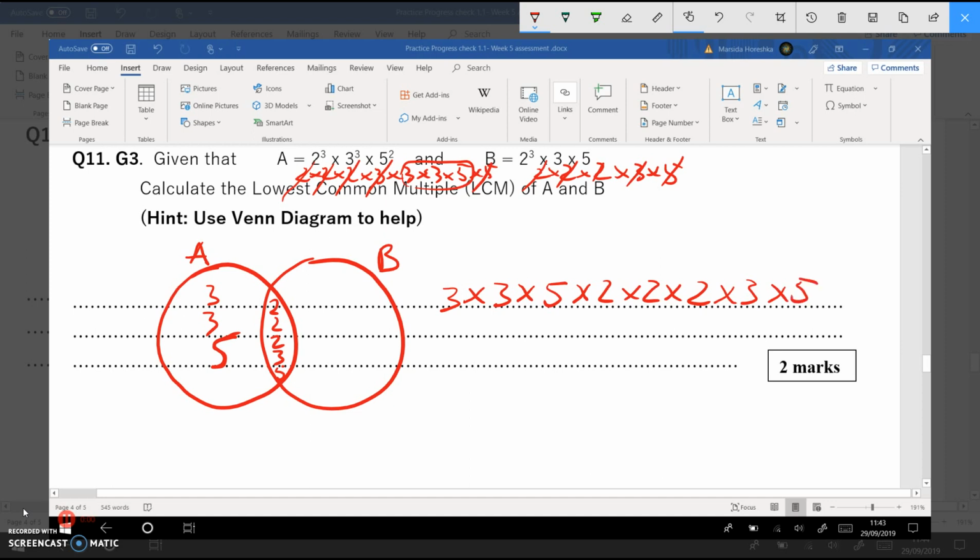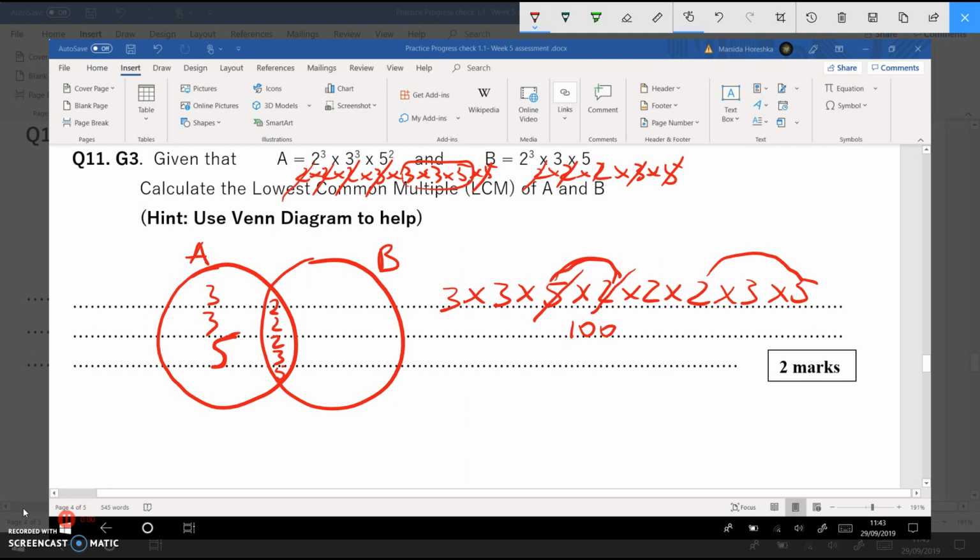Now, since you're not going to use a calculator for this, I suggest that you pair up the numbers to make easy numbers to work with. So I'll pair up the 2 and the 5 and the 2 and the 5 here. So this makes 10 and another 10. So 10 times 10 makes 100.